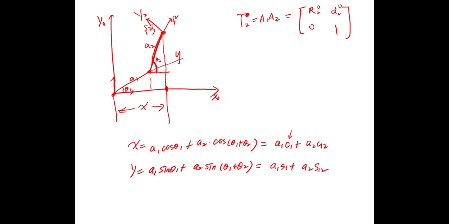So it directly shows that if we move the origin of frame 0 to the origin of frame 2, we actually move by x, y, right? Physically, that is what this definition means.